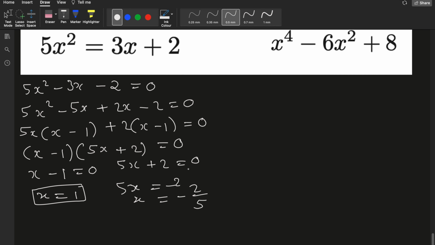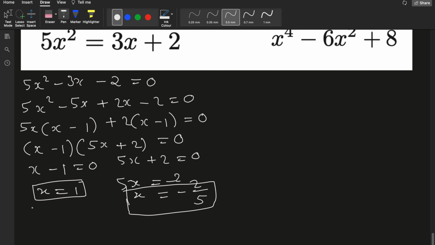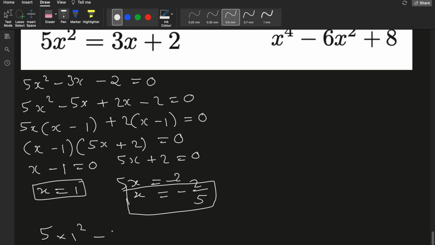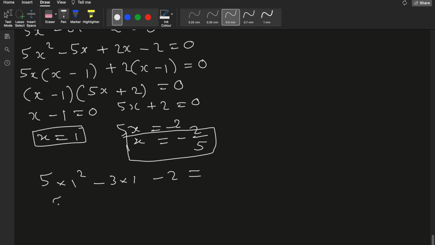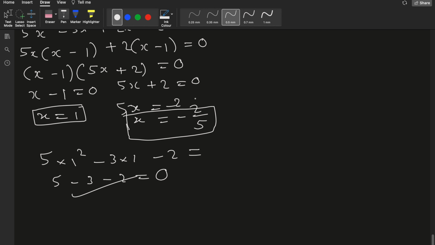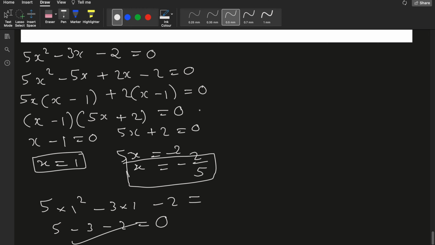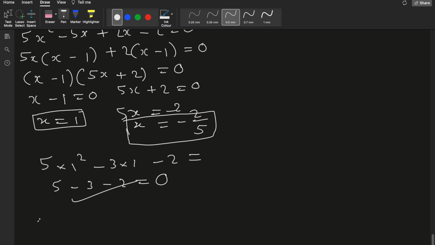So we'll plug this back into the equation to see whether we're right. So 5 into 1 squared minus 3 into 1 minus 2 equals what? So this would be 5 minus 3 minus 2, which is 0. So this is right. Now let's put minus 2 by 5 into the equation.